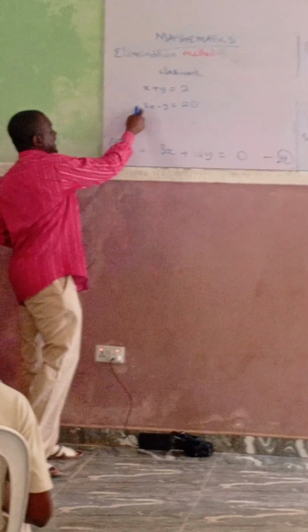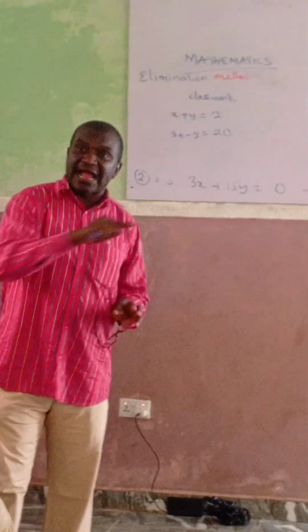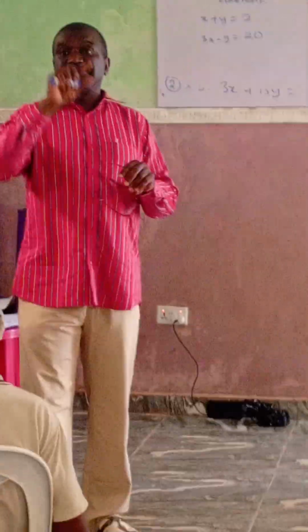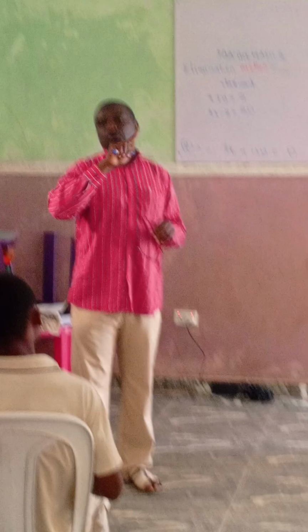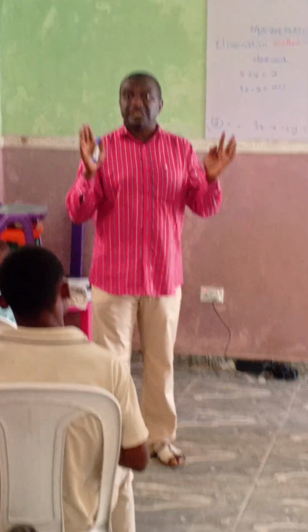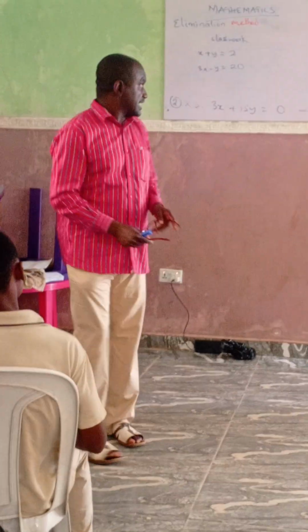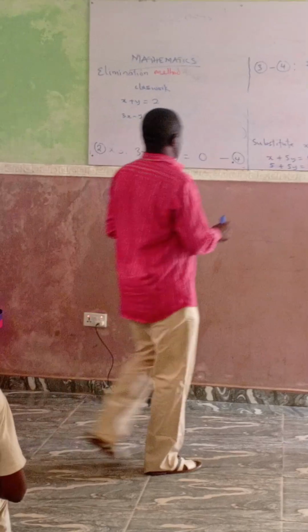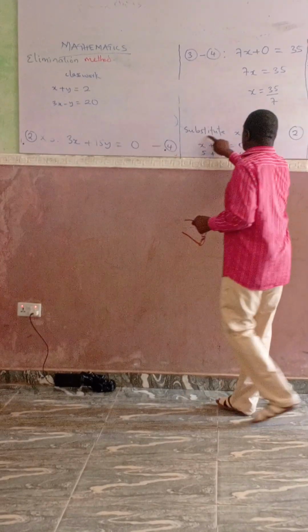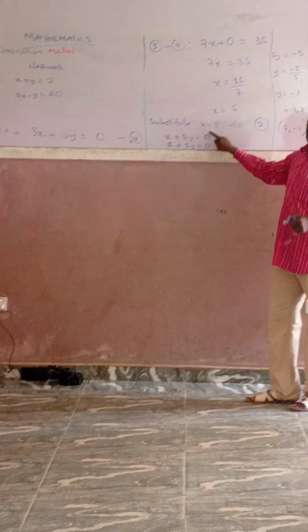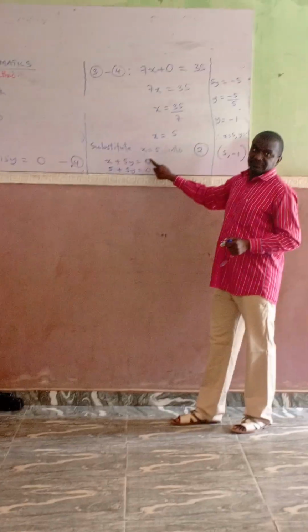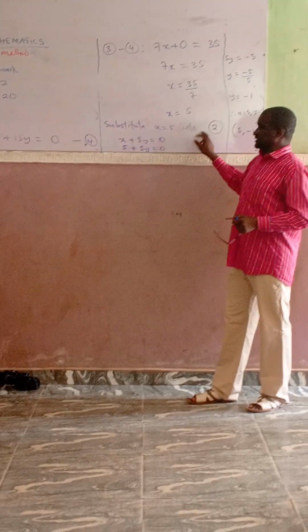Another thing you should check is the sign of the coefficients. If they are both positive, or if both are negative, then you subtract. But if they have different signs, plus and minus, then you add for that unknown to be 0. You must also show the step where you substitute the value of the unknown you have found into the other equation.